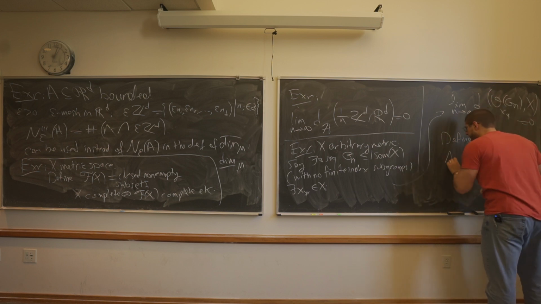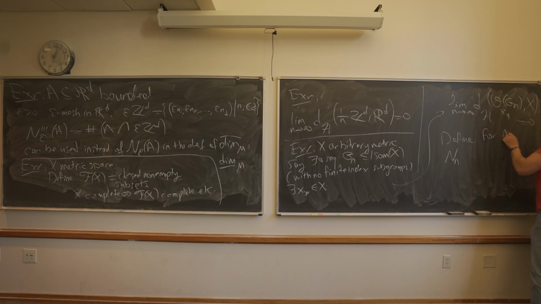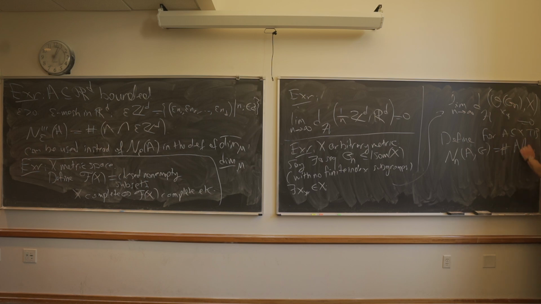Define N sub n for A totally bounded. Define this number, let's call it, well, relative to this G guy. Well, I'm just going to define it to be the number of the intersections of A and this.